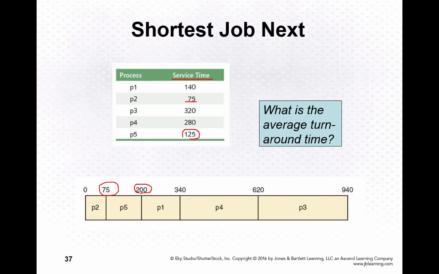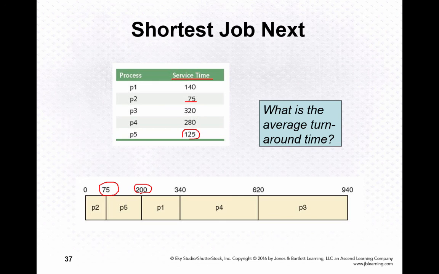So if we add those numbers together, let me clear everything out: 75 plus 200 plus 340 plus 620 plus 940.